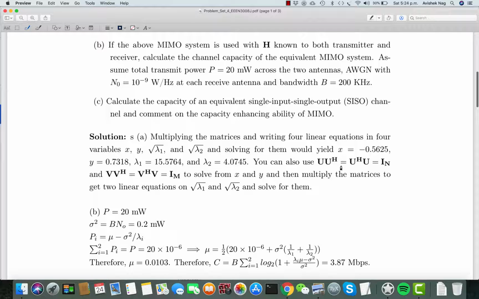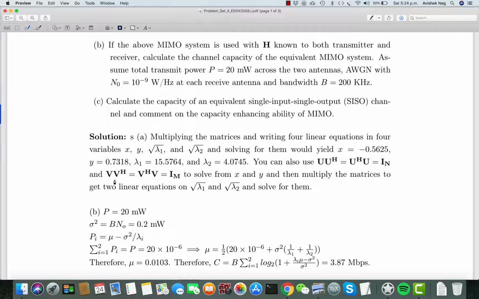If you do U Hermitian U, you will get an identity matrix of order n, where n is the number of antennas in your receiver.